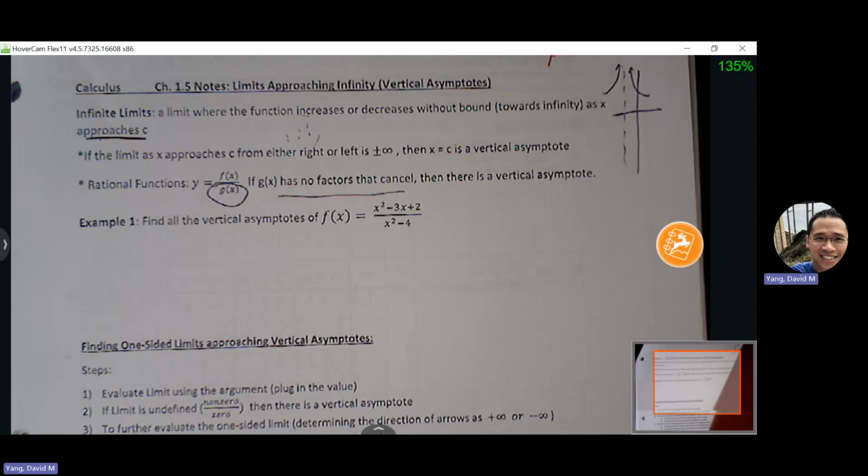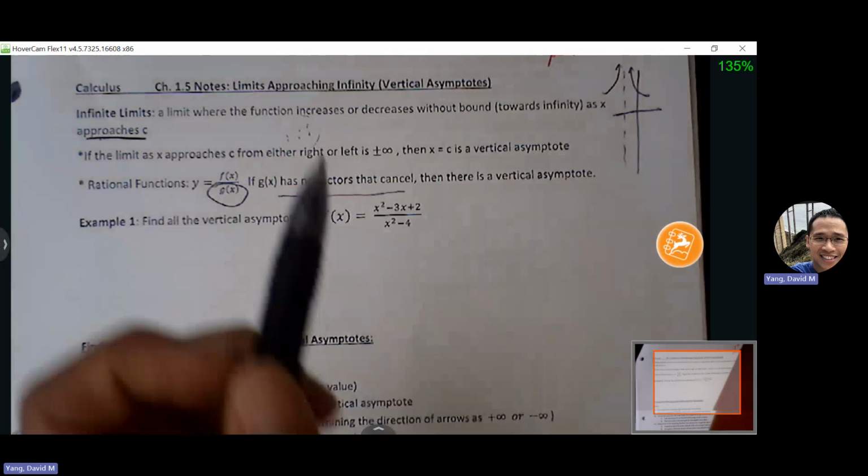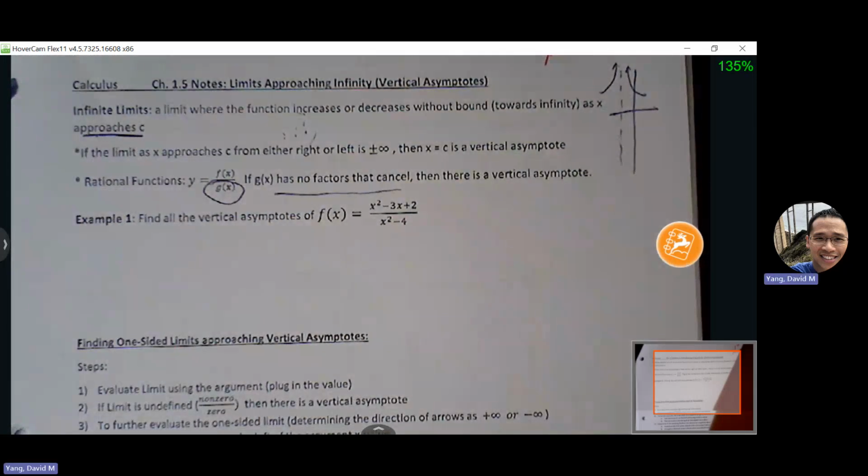So number 1 says find all vertical asymptotes of our function. Let's go ahead and factor everything out, and whatever remains in the denominator that does not cancel out is your vertical asymptote. Try factoring to identify the holes or the vertical asymptote.